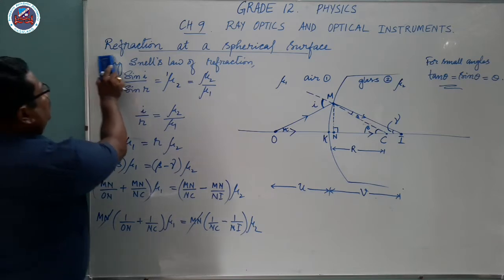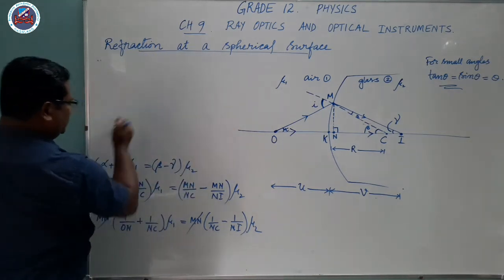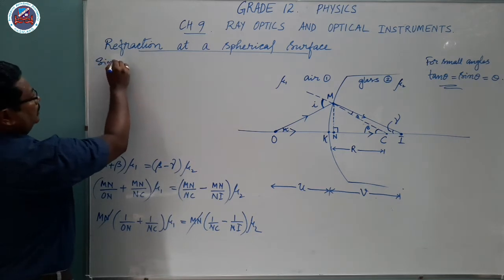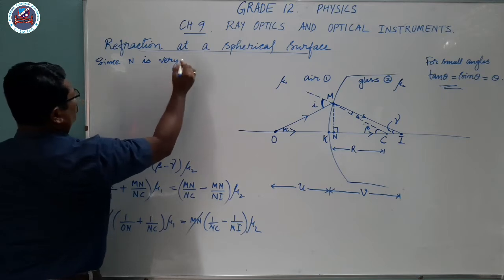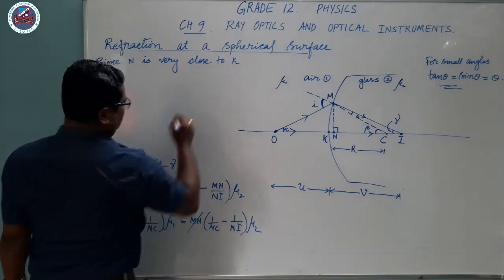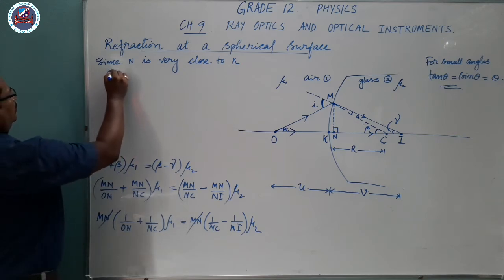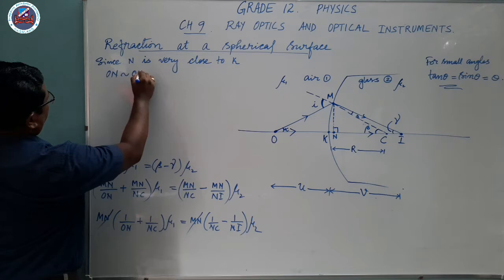Since N is very close to K, On is nearly equal to OK.